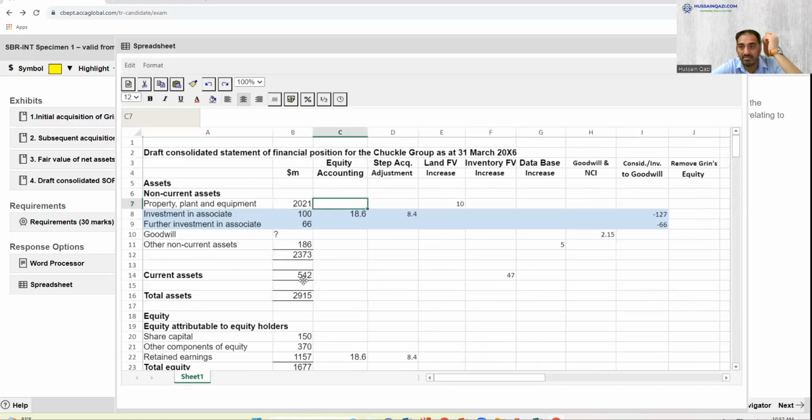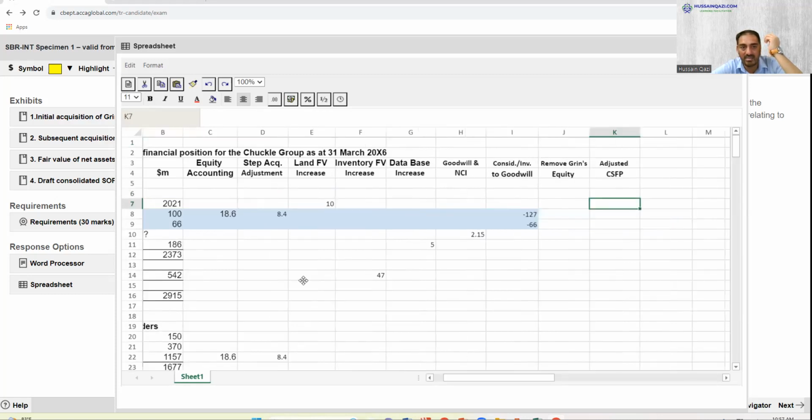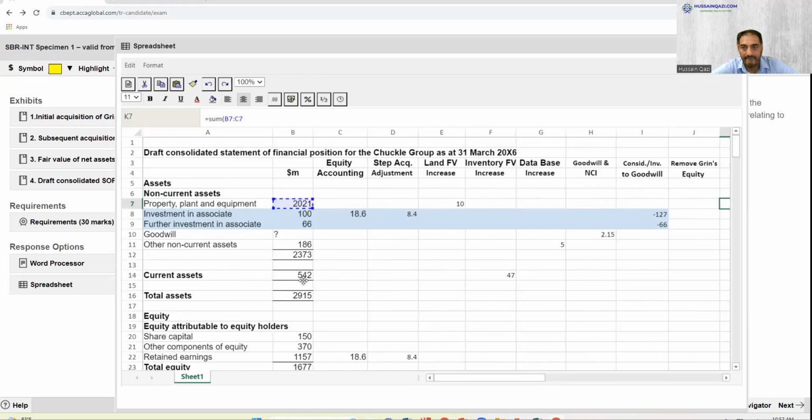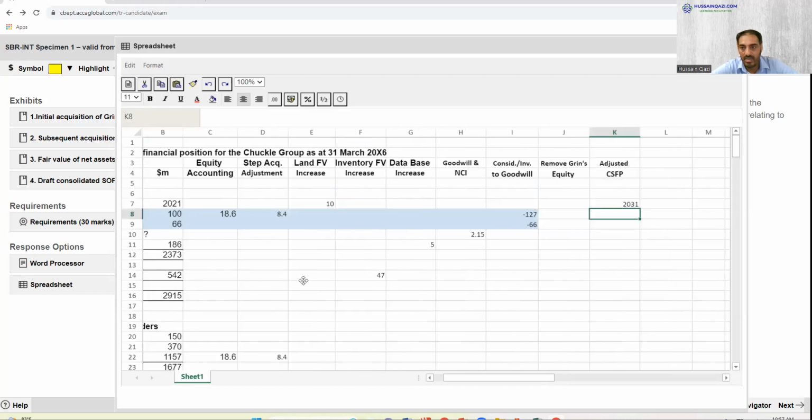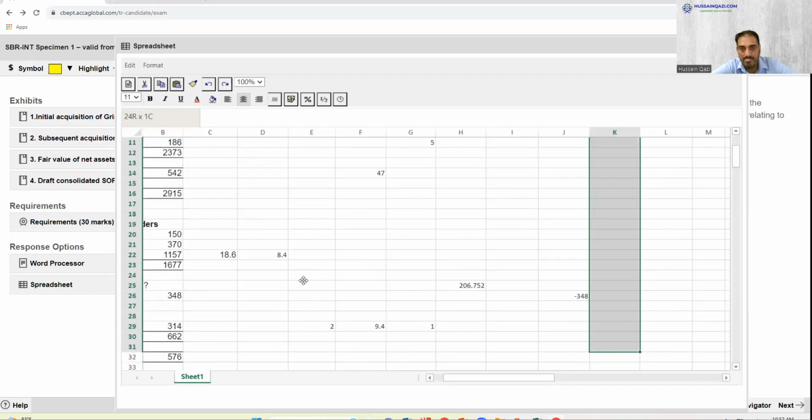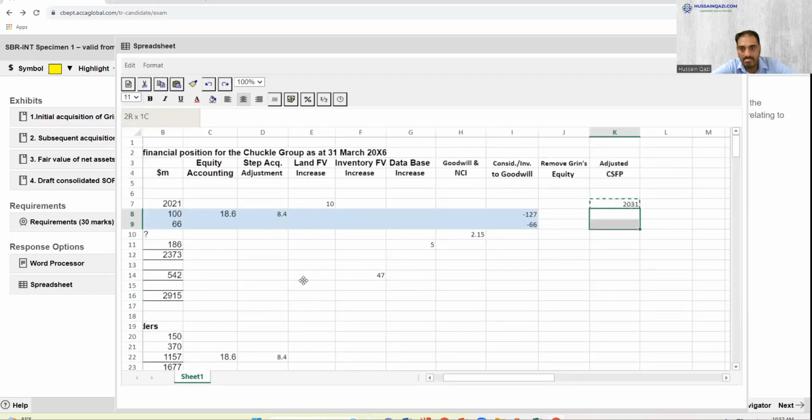So you have to make a sum here, which is 2031. Copy, paste. That's good.